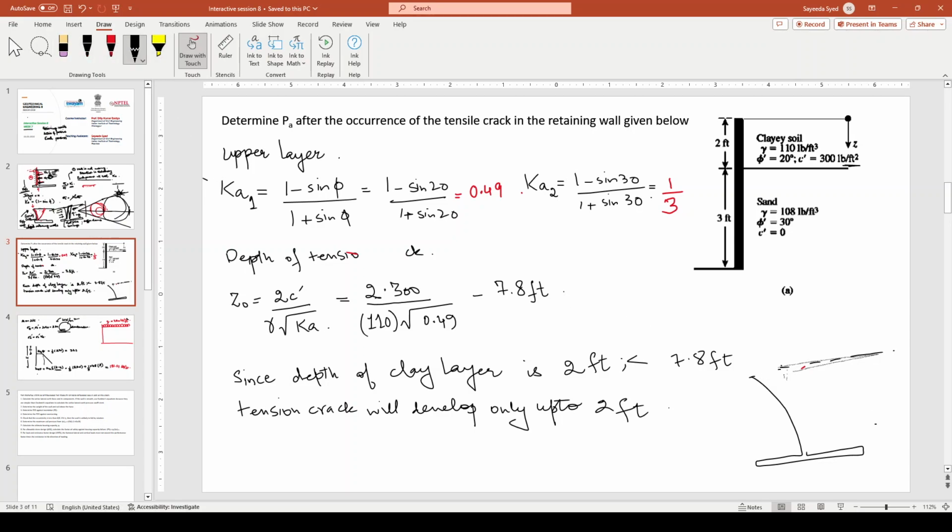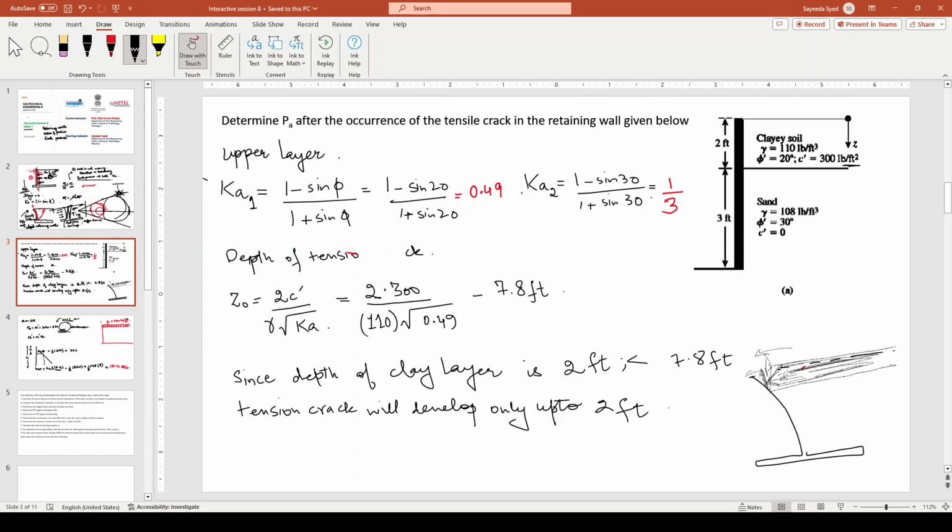This is the depth of the crack, and this portion gets detached, such that this height of the soil will not now provide its load to the wall.